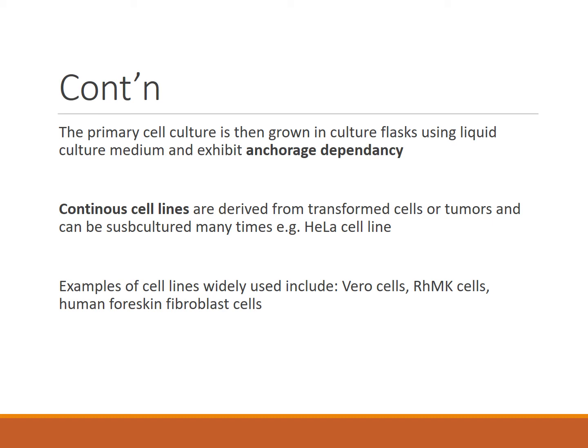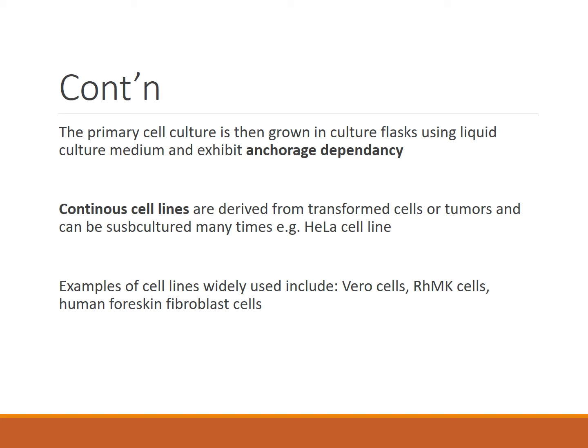And this leads to contact inhibition when the cells have already covered the entire surface of the culture flask. This contact inhibition is caused by the cell-to-cell interaction after the cell population has increased.